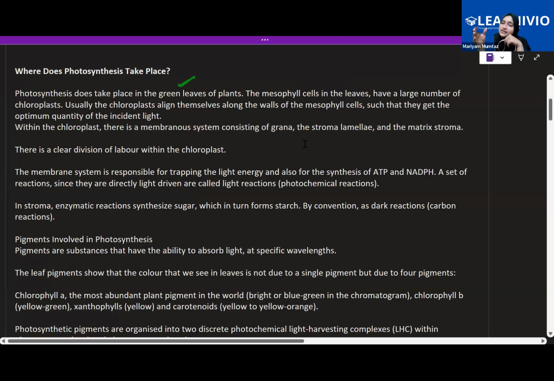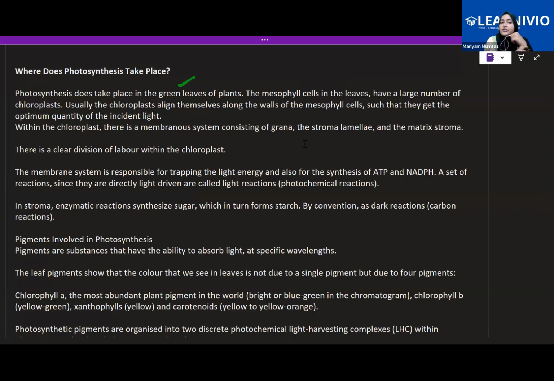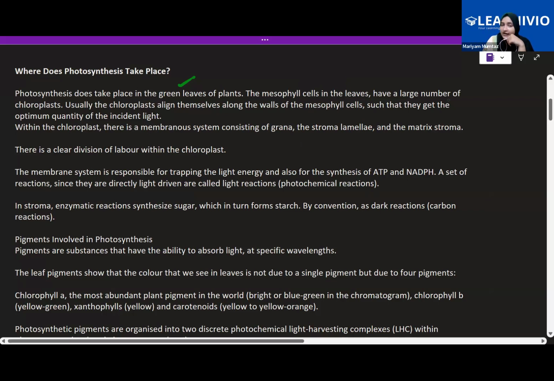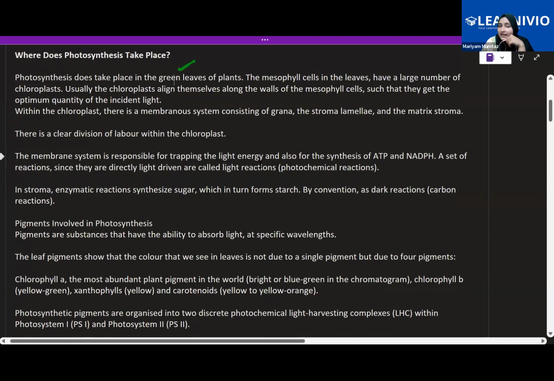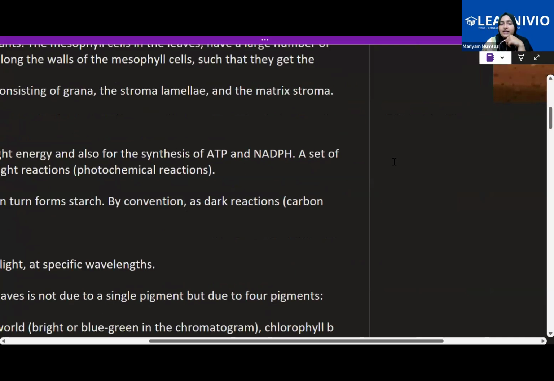Now, each of these parts has its own specific function to perform. So they have division of labor amongst them. Each of them has a unique function that they are assigned with. The membrane system is responsible for trapping the light energy and also for the synthesis of the chemical intermediates such as ATP and NADPH.